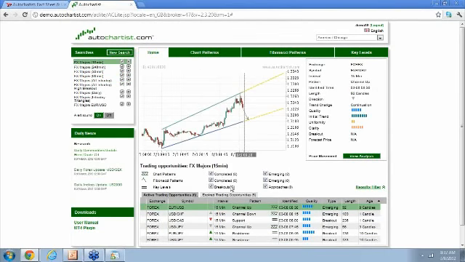For example, here when I click on home and I have all of these boxes checked, I'm able to look at completed Fibonacci chart patterns as well as key levels.